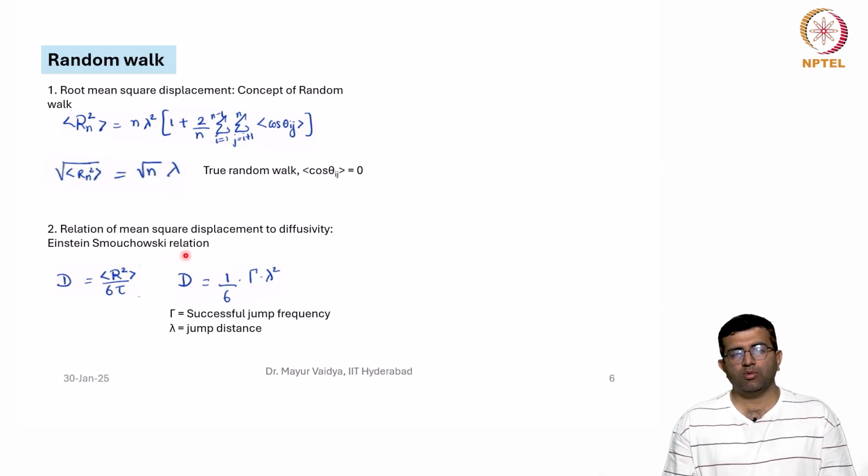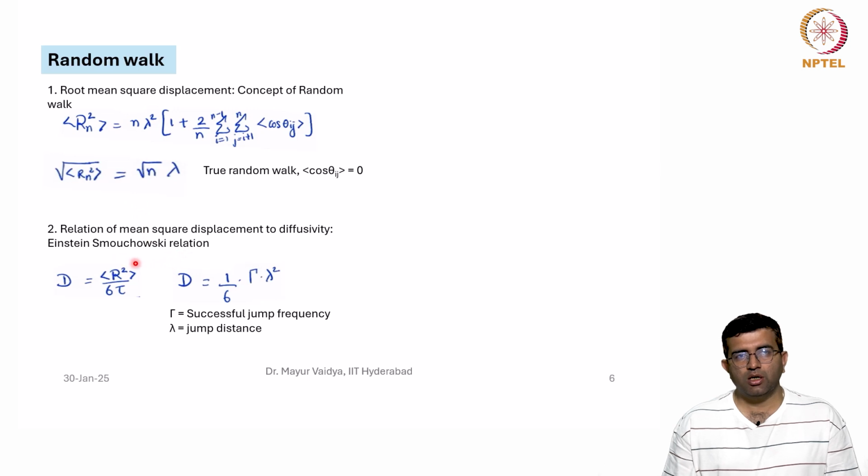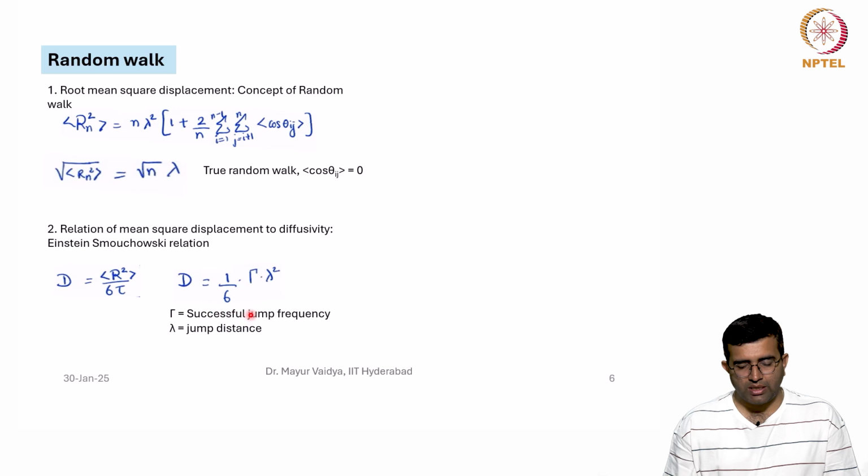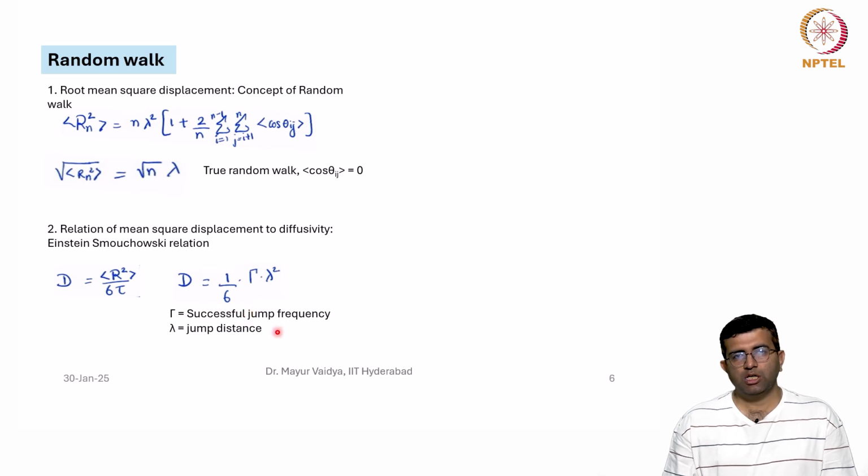This is what we learned through the Einstein-Smoluchowski relation, where D is equal to mean square displacement by 6 tau. And if you invoke the relation between this and gamma, then D is equal to 1 by 6 gamma times lambda square. So this is an important relation that comes.